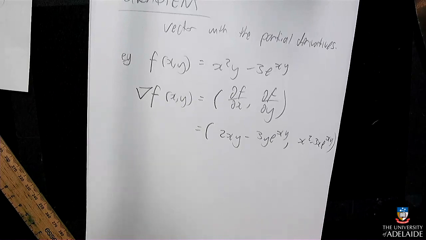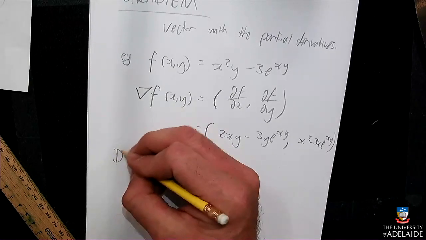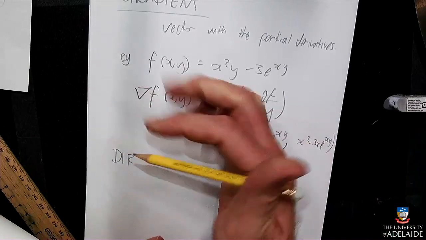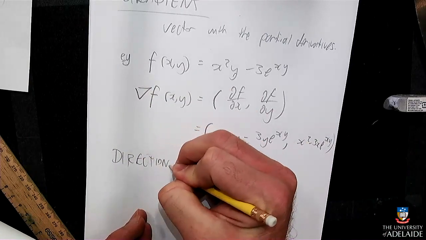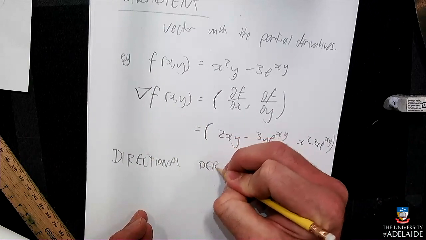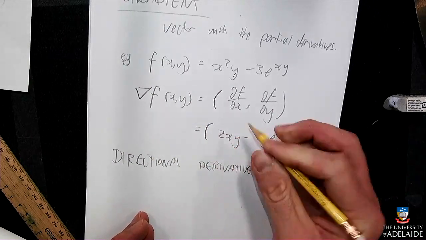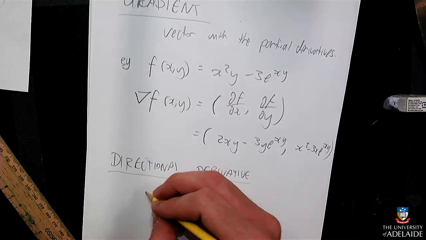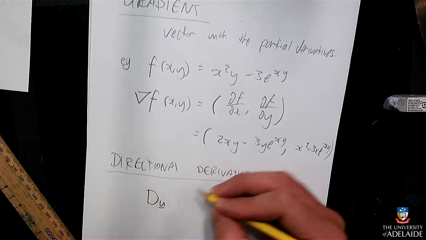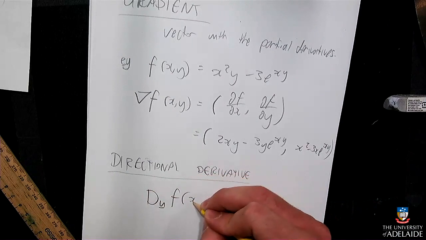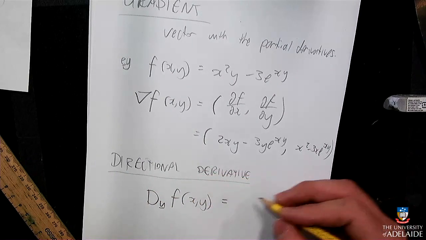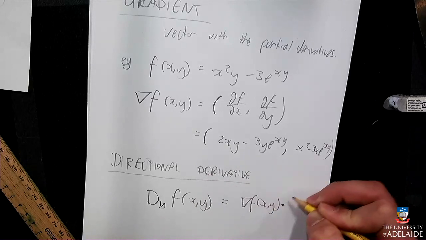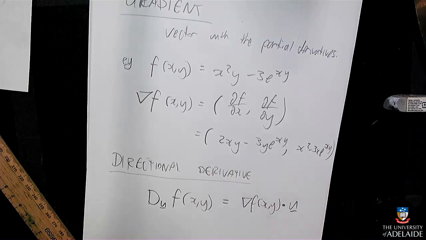So that's the gradient. And so that means that we can now say that the directional derivative in the direction of u of f at the point x, y is the gradient of f at the point x, y dotted with u, as long as u is a unit vector.